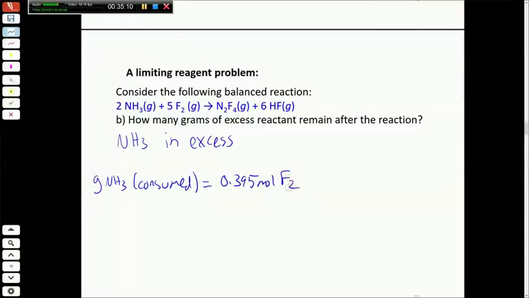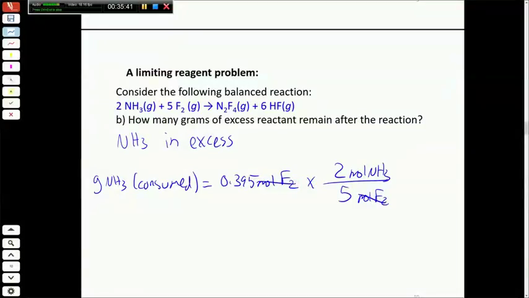Remember, every calculation that we're going to do is going to start with that. And from the balanced chemical equation, we have coefficients of 2 in front of NH3, 5 in front of F2. So that means for every 5 moles of F2, 2 moles of NH3 react. So moles of F2 in the denominator, moles of NH3 up top. And then we have 2 moles of NH3 reacting for every 5 moles of F2. Again, that comes directly from the coefficients 2 and 5 in the balanced chemical equation.